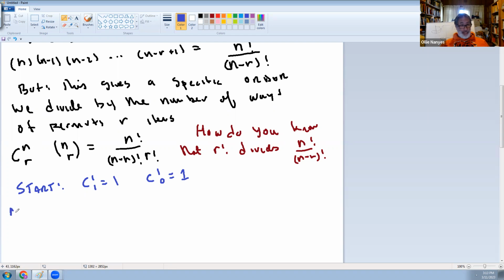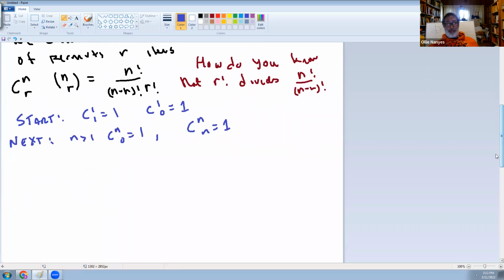Next, say that for n greater than 1, we'll declare that n choose 0 is 1, and n choose n is 1. And that also makes sense. The number of ways you can select 0 items from n is 1, and the number of ways you can select n items from n is 1. No problems there.